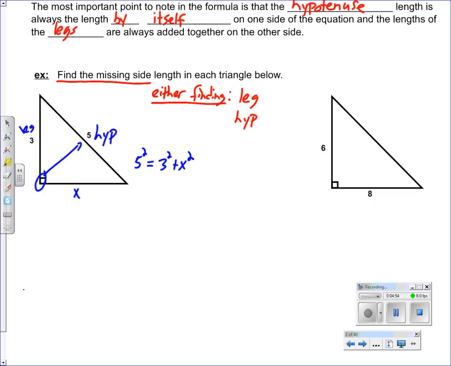And then we're just going to solve for x. 5 squared is 25, 3 squared is 9. I want to get x by itself on that side, so I'm going to subtract 9. So x squared is 16, and then x is 4. I'll take the square root of 16, so 4 squared is what makes 16.